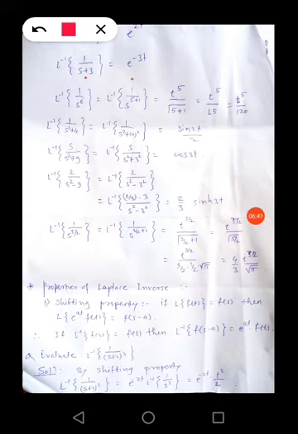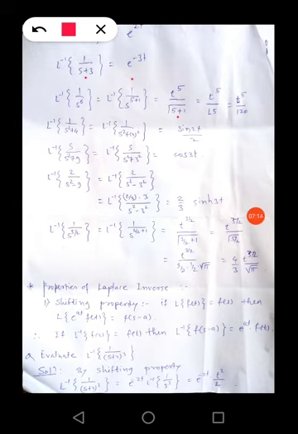Similarly for the third one, Laplace inverse 1 upon s raised to 6 is nothing but Laplace inverse 1 over s raised to 5 plus 1. 6 is factored as 5 plus 1, equal to t raised to 5 divided by gamma 5 plus 1. So the first property in the list is used here. So it is equal to t raised to 5 divided by factorial 5. Factorial 5 is nothing but 120, and therefore the answer is t raised to 5 divided by 120.